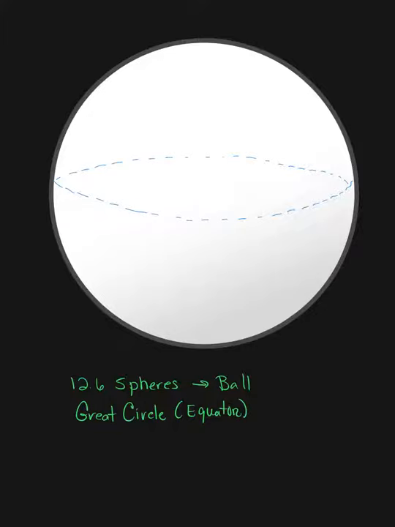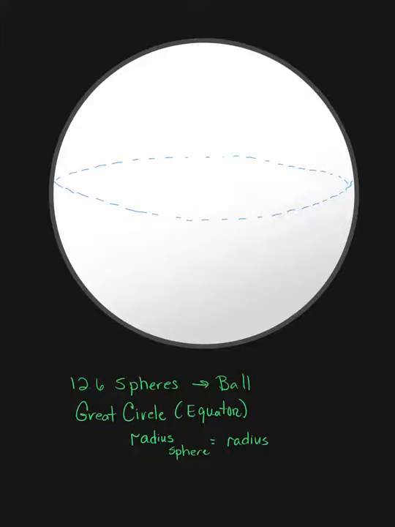And we get the radius of the sphere by finding the radius of the Great Circle. So the radius of our sphere, use subscripts, radius sub sphere equals radius of the Great Circle, or an equator.